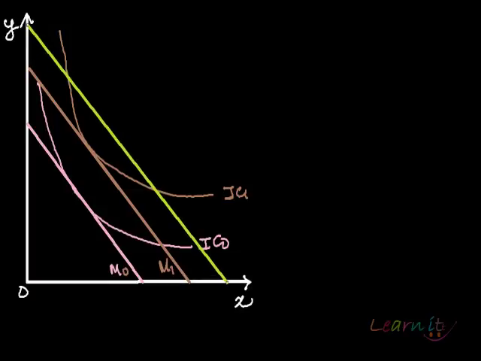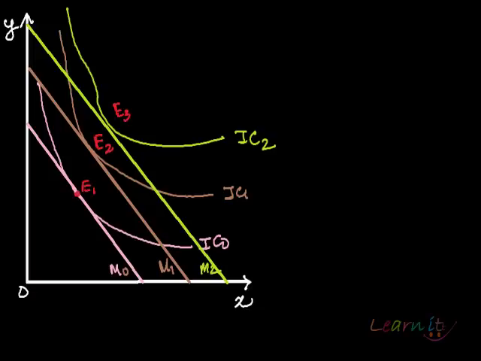There is a new curve, IC2, drawn at M2. All of these are different equilibrium points, say E1, E2 and E3.